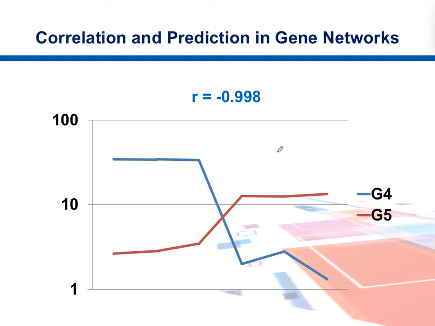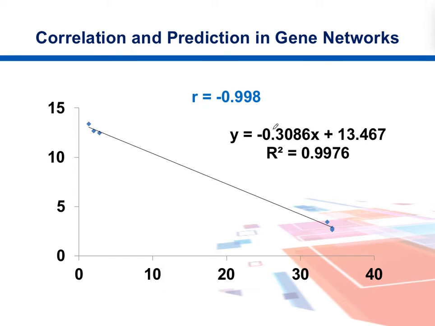If you look at these two genes, the expressions are kind of flipped around. The correlation is minus 0.998, so a strong negative correlation between G4 and G5. One is going down, the other is coming up. The expression pattern seems like they are negatively regulating each other, so there is a co-expression and a correlation.